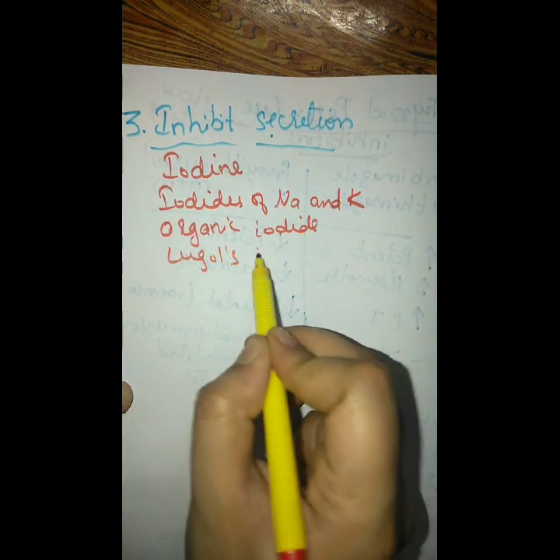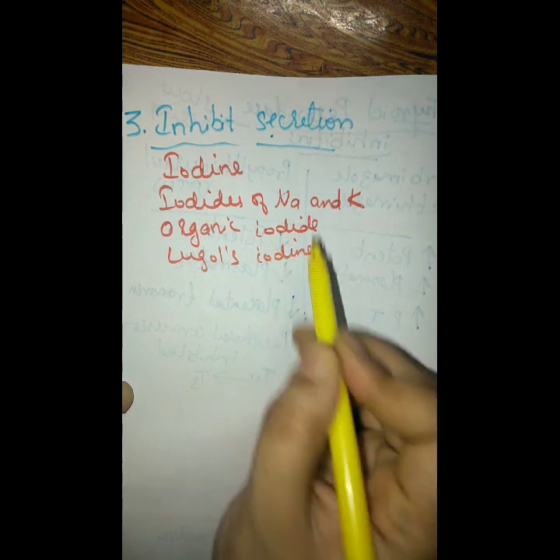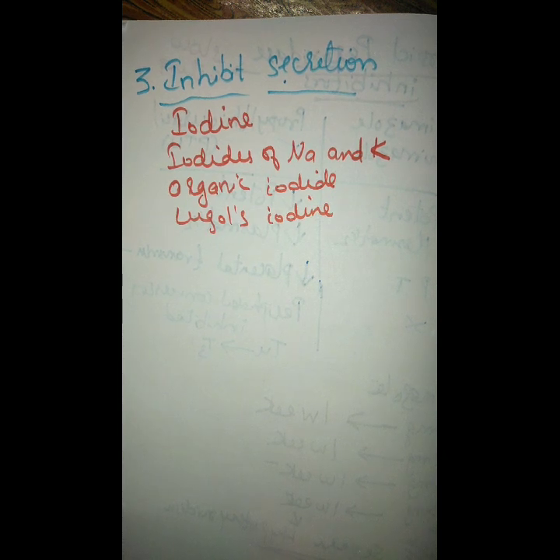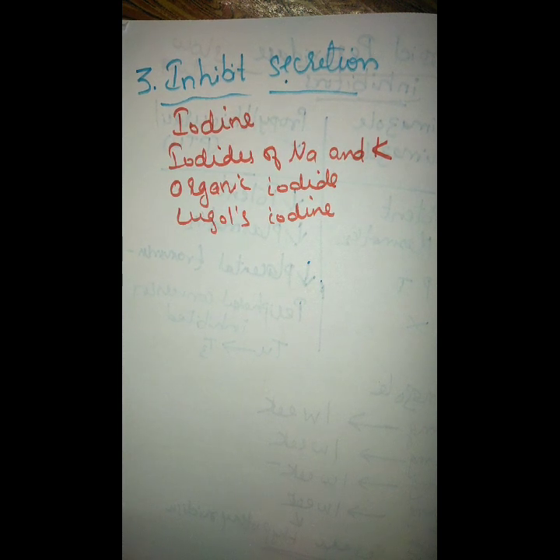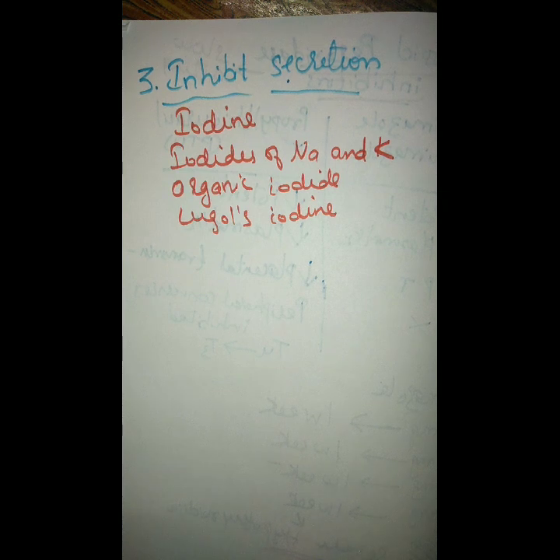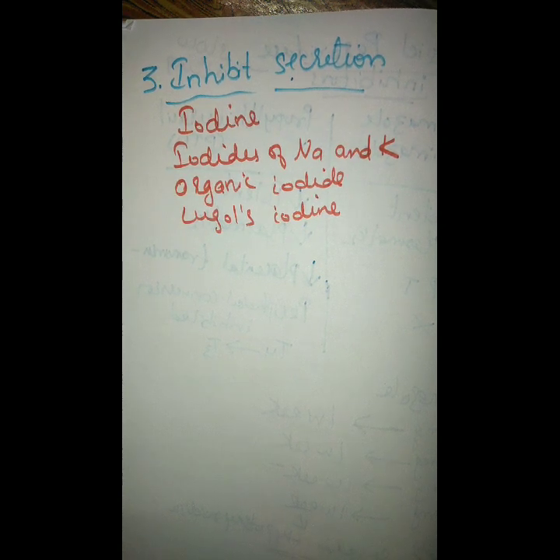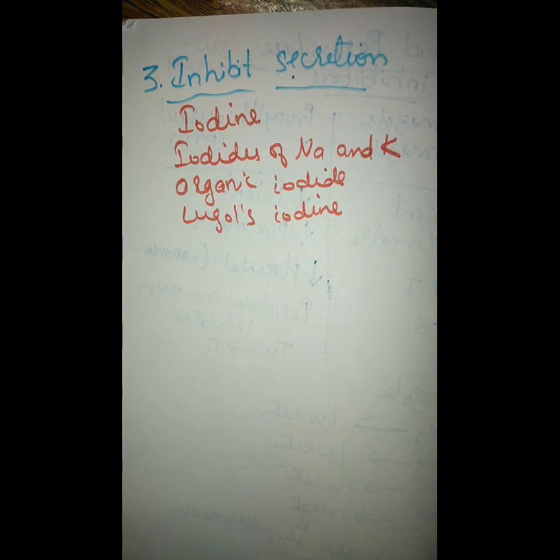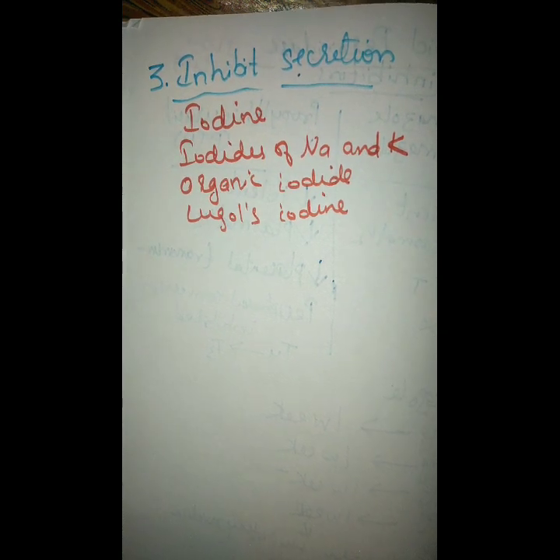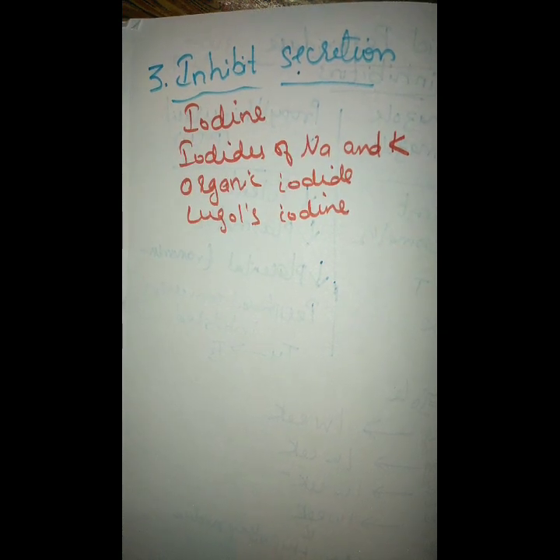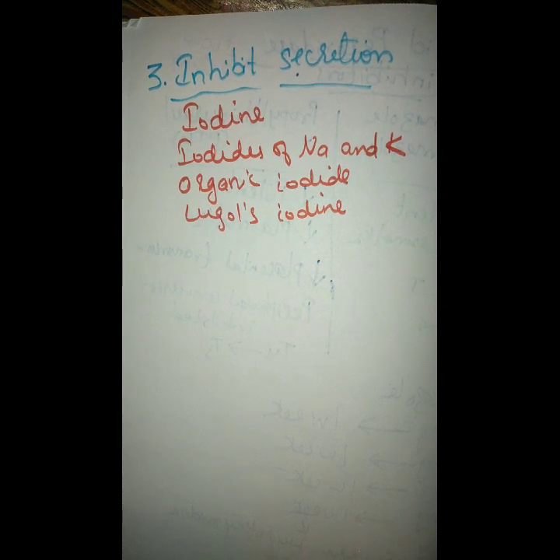So these are the drugs coming under this class. Now you might be thinking that these drugs contain iodine, and though iodine is a constituent of thyroid hormone, it is the fastest acting thyroid inhibitor. Okay, so what happens? See, these agents are commonly used pre-operatively, that is before a thyroid surgery.